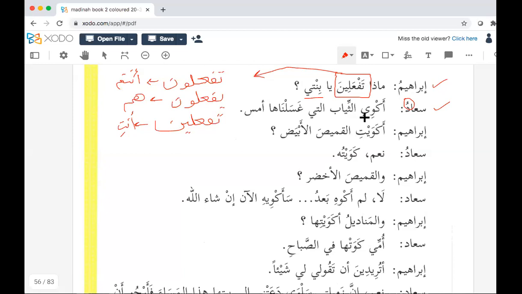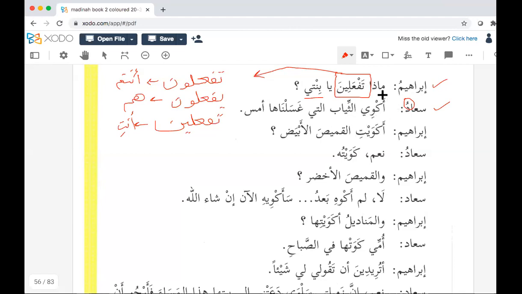Su'ad says, تفضل again أخي. أكوي الثياب التي غسلناها أمس. أيوة بارك الله فيك. Don't get a complex, mashallah, your reading is very good. Akwi.